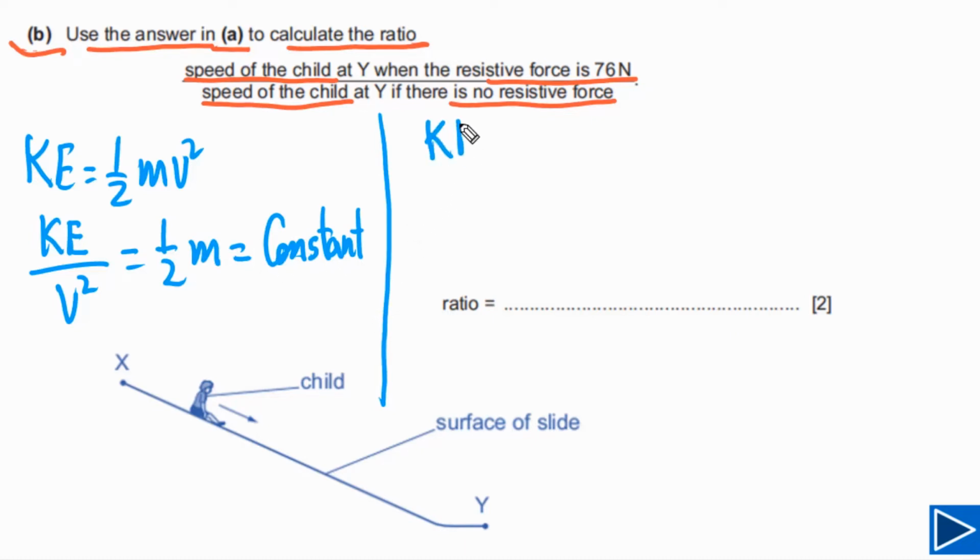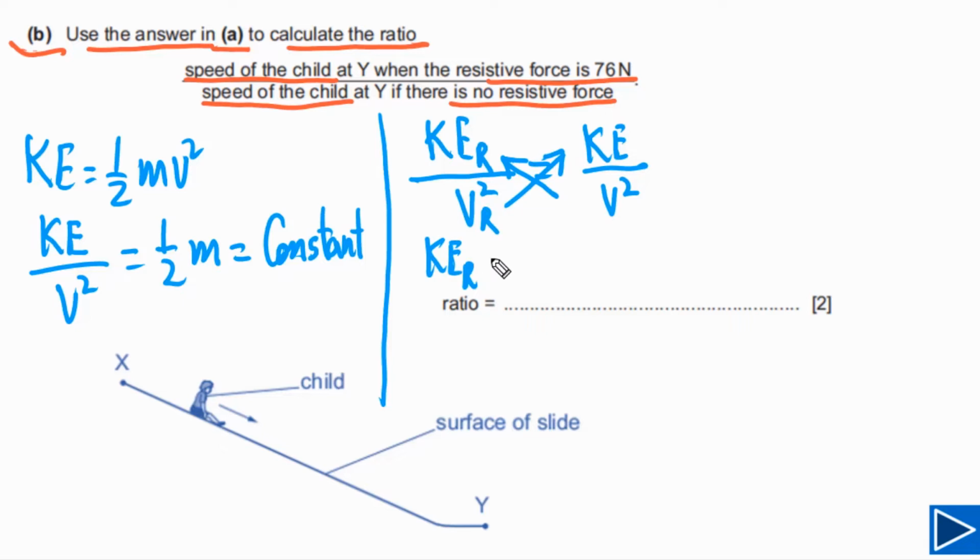If this is true, we can also say the ratio between kinetic energy when there are resistive forces and speed square when there are resistive forces has to be equal to kinetic energy over v square when there are no resistive forces. Now if we cross multiply, we can say KE R times v square has to be equal to KE times VR square.